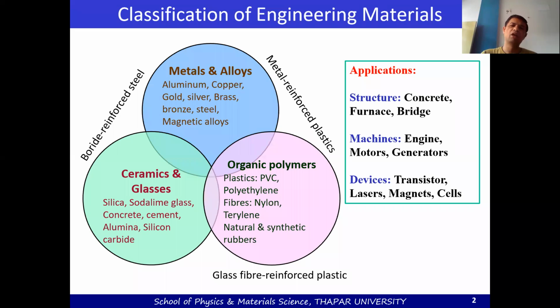So in different instances, we talk about either the three broader classes of material or the three subclasses based on the applications, and we are going to study these materials as subclasses based on either the properties or the applications.